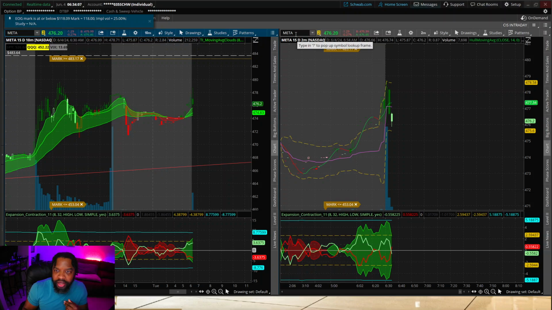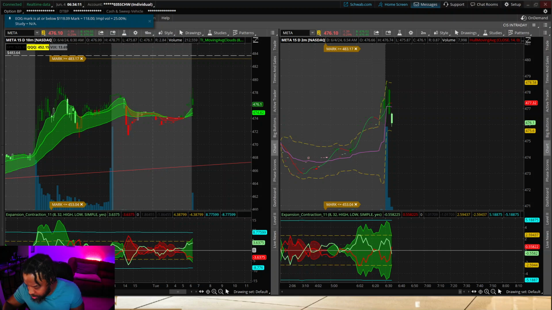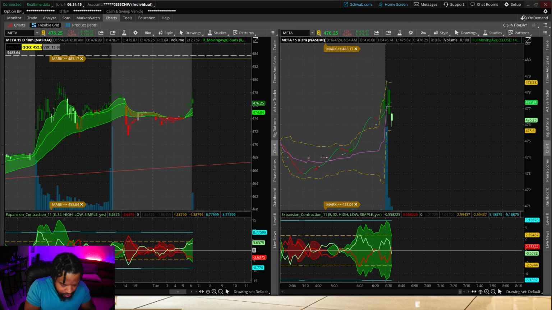Also, we'll take a peek at Lin over here. I just want to keep an eye on the GS and Progressive. Progressive actually did take a nice peekaboo to the upside. It's testing fair value.